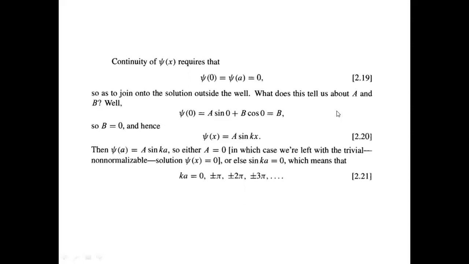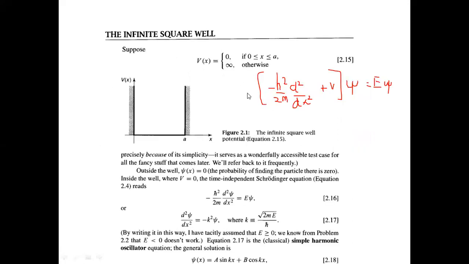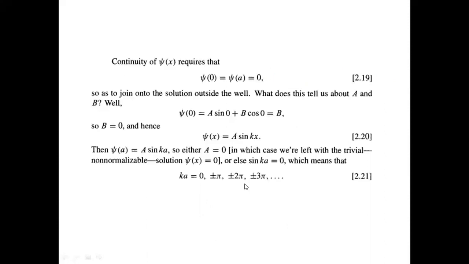Now when we apply that condition to this solution, we substitute x equal to 0, and then x equal to a, and set it equal to 0. What can we tell about the terms that we get?